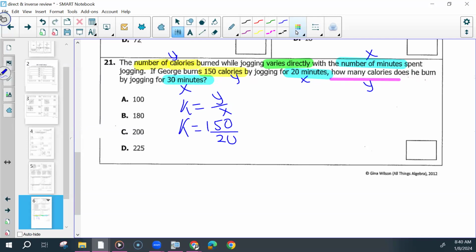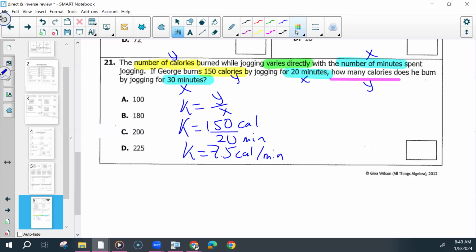Divide those, tell me what you get. What is 150 divided by 20? 7.5. And that would be calories per minute.